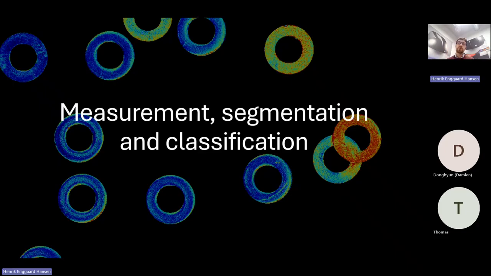The three problems that we usually try to do transformation for, the three applications that we have, are measurement, which is, for example, to measure how big a ratio or percentage of something has a certain property. It might be segmentation, how do we distinguish something from the background and foreground.